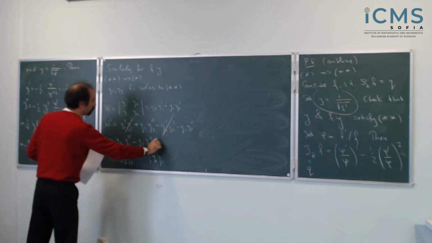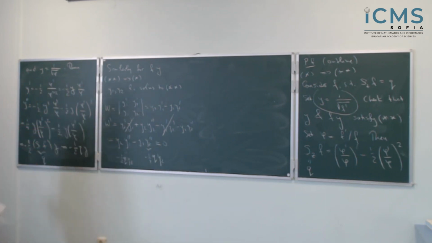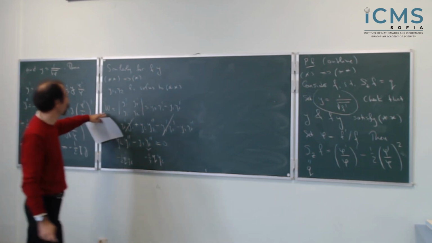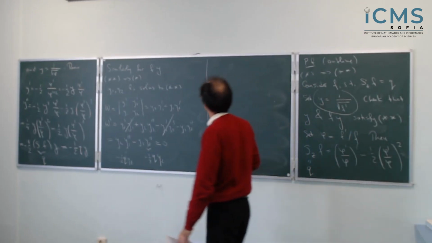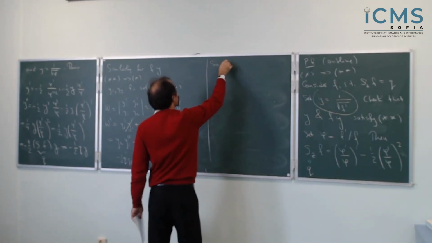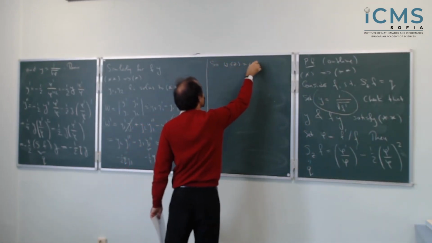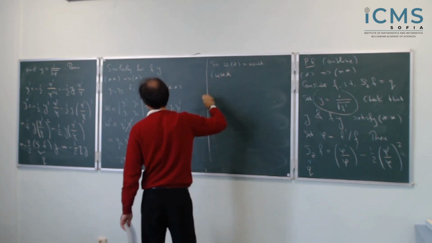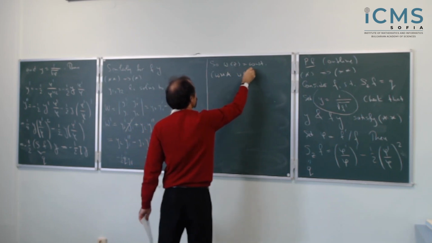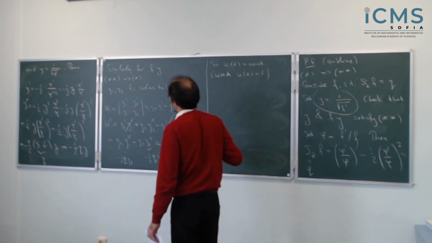Right, so this is 0. So the Wronskian is constant. You can always normalize it to make it 1.